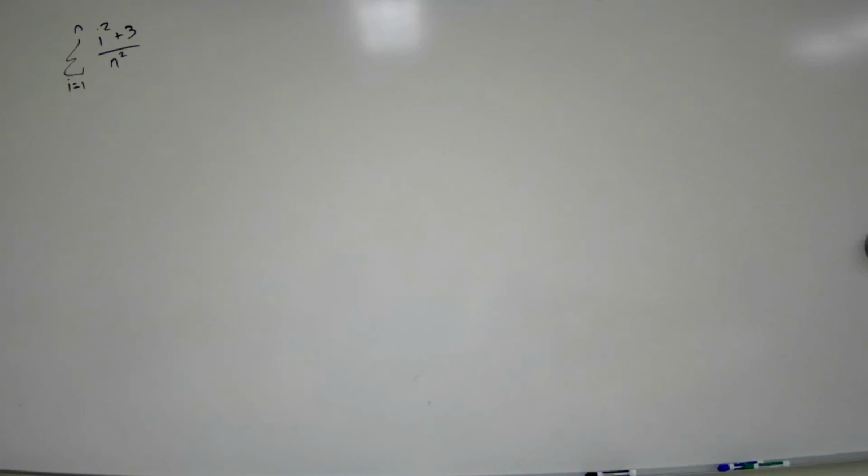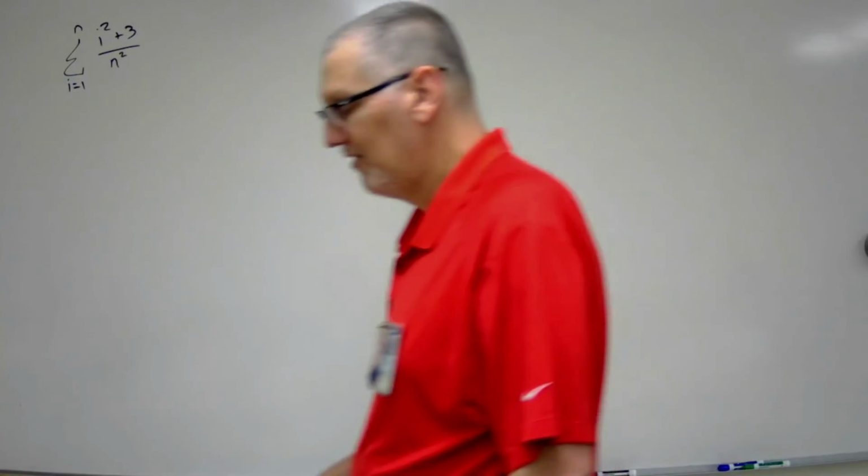This is where those formulas come in handy, the i squared and the i. So what are we supposed to be ending up with? Nope. All I want you to do is simplify it.